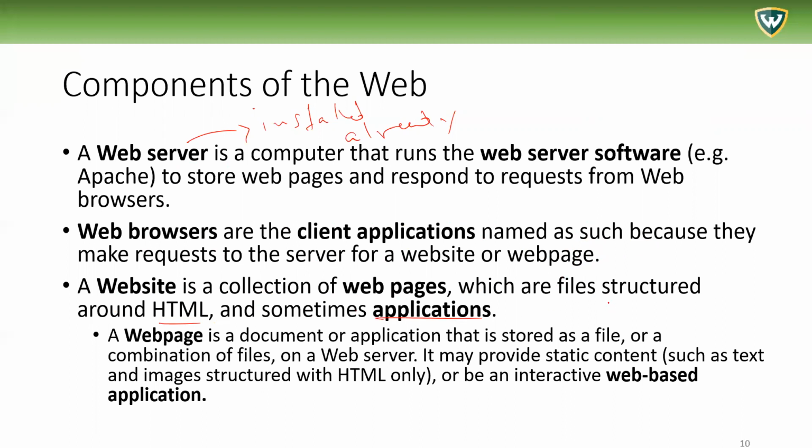Once again, they're all documents, very broadly stated. It can be a file, image, text, numbers, applications, videos, and so on. A web page is a document or application that is stored as a file or a combination of files on a web server. It may provide static content or be an interactive web-based application.